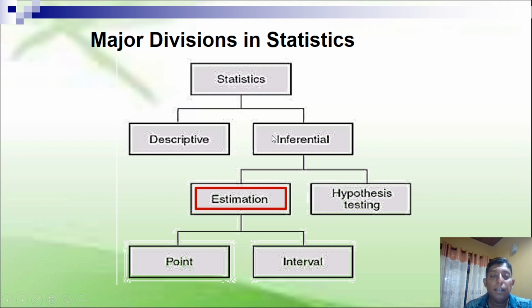Now we can start inferential statistics. Inferential statistics divides into two: estimation and hypothesis testing. Now we are going to start with estimation. Estimation also divides into two: point estimation and interval estimation. In this lesson we just discuss point estimation, and in the next session we'll discuss interval estimation.